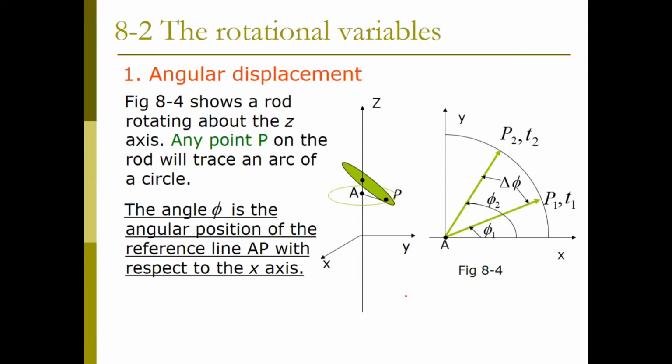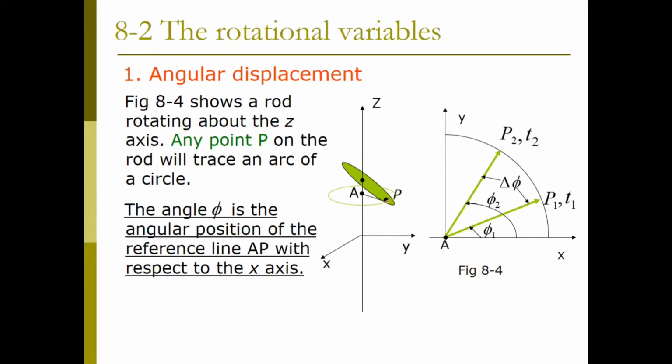So for rotational variables, the first thing here is the angular displacement. In this figure 8-4, it shows a rod rotating about the z-axis. Where is the z-axis here? So this is the z-axis.